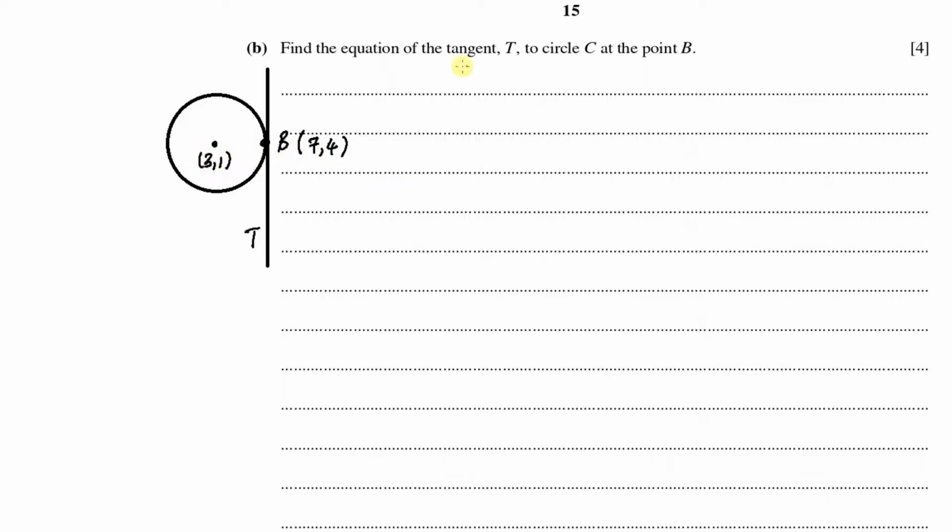So to find the equation of the tangent, we will need to know the gradient of the tangent. So we start with finding the gradient of the radius. So for the gradient of the radius, it's going to be (4 minus 1) divided by (7 minus 3), and that gives us 3/4.